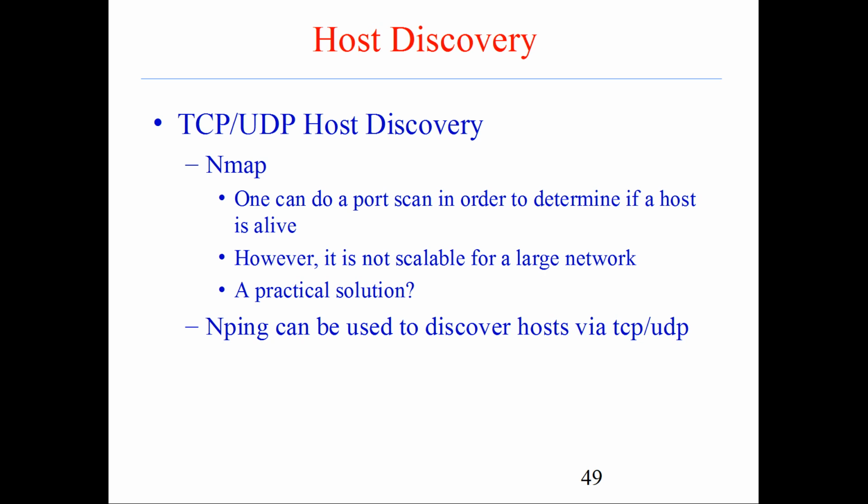However, this is not very scalable for a large network, its approach at least. It does a lot of blocking to prevent saturating the network, so it doesn't DoS a given bottleneck with its scanning traffic.